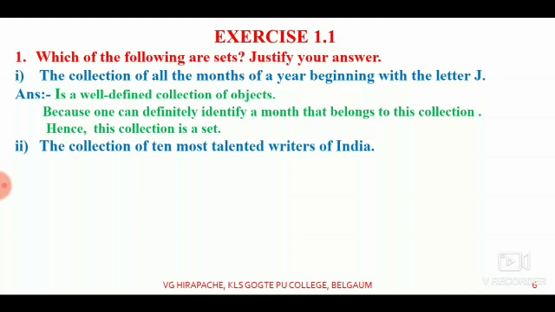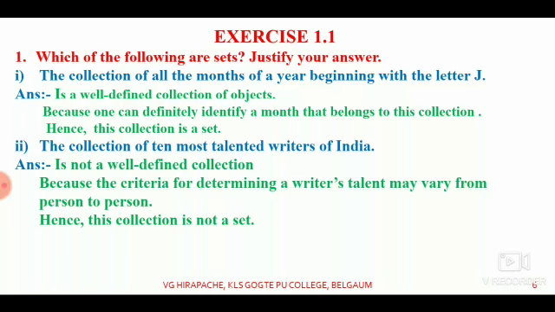Dear students, we have one more question. The collection of 10 most talented writers of India. Now this question goes by person to person, because 10 most talented writers one cannot judge properly, because it is decided by person to person.